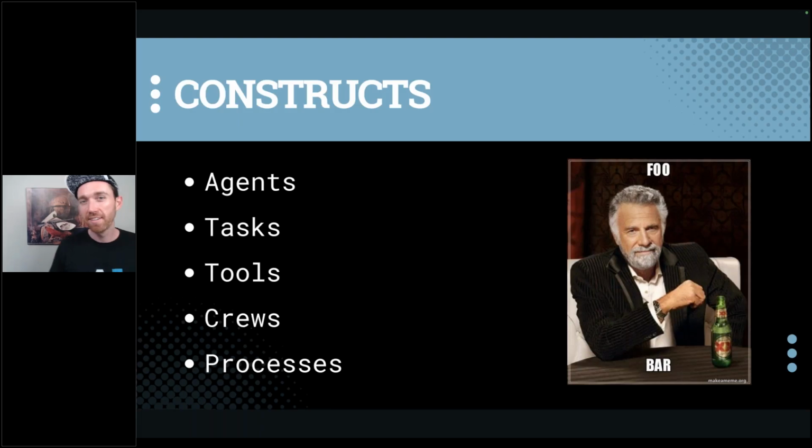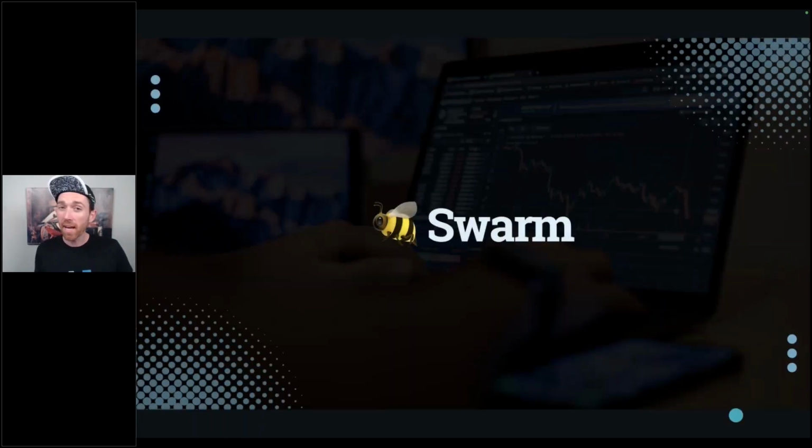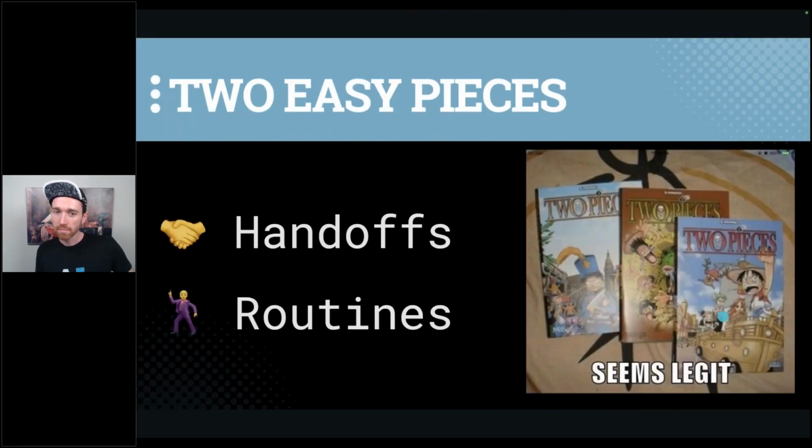Finally, there's another one that we saw come out recently from OpenAI, not to be used in production, called Swarm. Swarm also has two easy pieces. It's not nodes and edges, it's not events and steps, it's handoffs and routines.